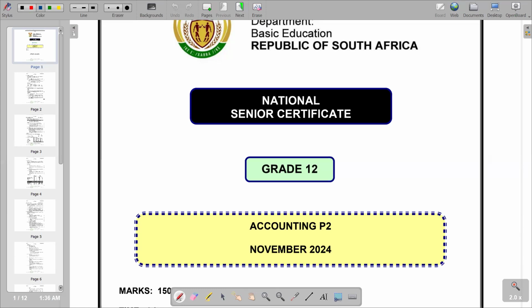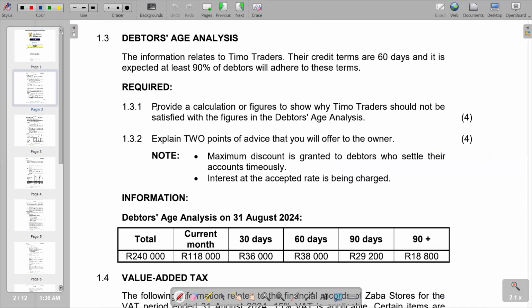In this video, I want to look at a Paper 2 question from November 2024, whereby we're going to look at a question on debtors' age analysis. So it's Question 1.3 on that question paper. The question reads that the information relates to Timor Traders, and their credit terms are 60 days, and it is expected that at least 90 percent of debtors will adhere to these terms.